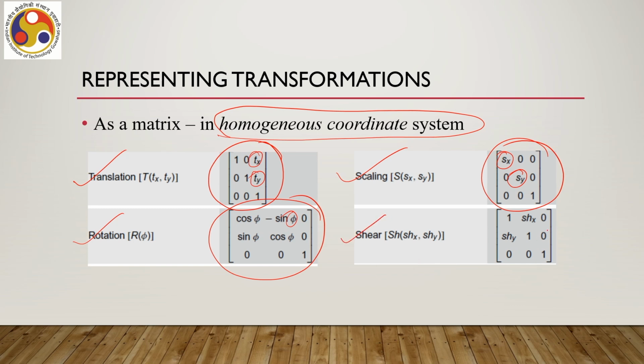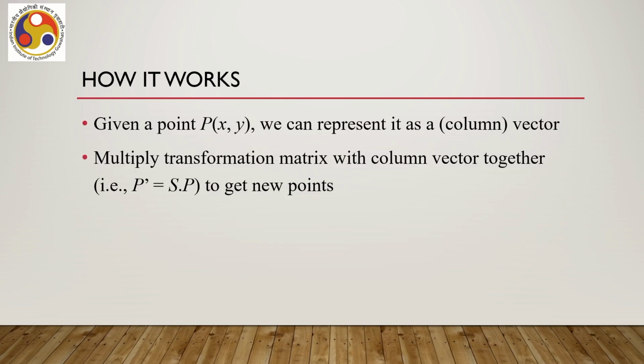Shearing in 2D, the corresponding 3 by 3 matrix is shown here. Here Shx and Shy are the shearing factors along x and y direction. Similarly, we can have the matrix representation of transformations for 3D operations.